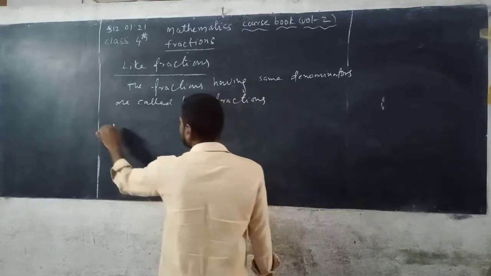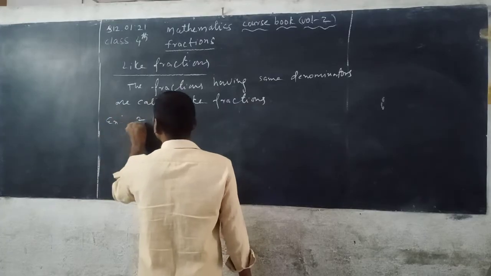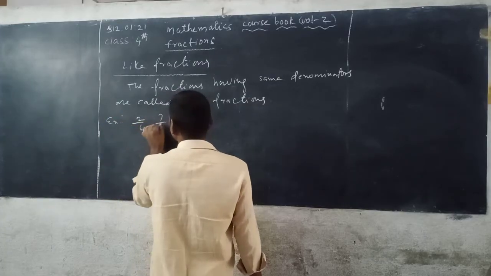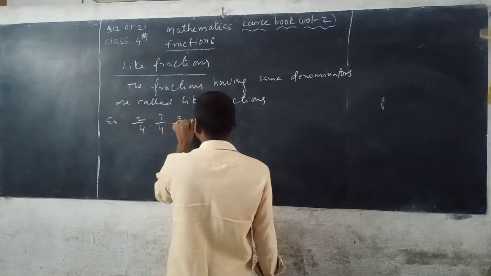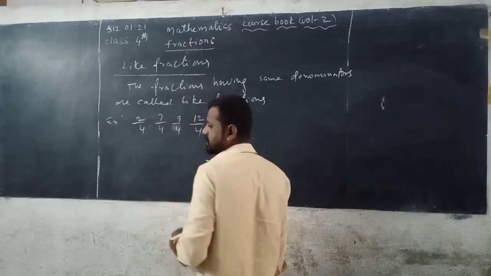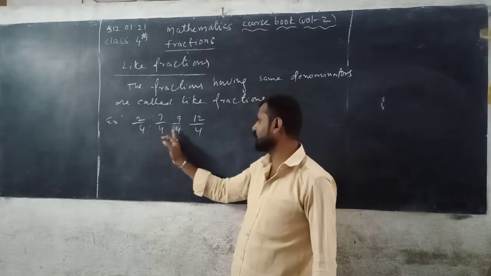See example, 2 by 4, 7 by 4, 9 by 4, 12 by 4. See here, denominator same, 4, 4, 4, 4.